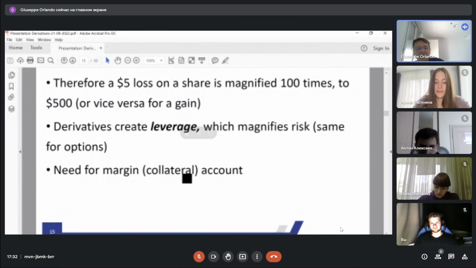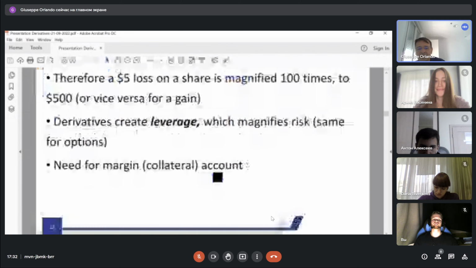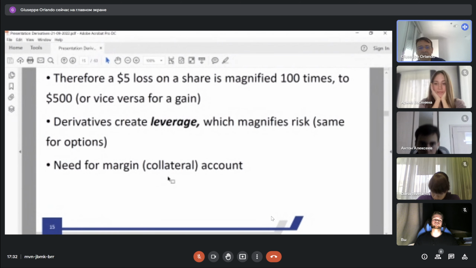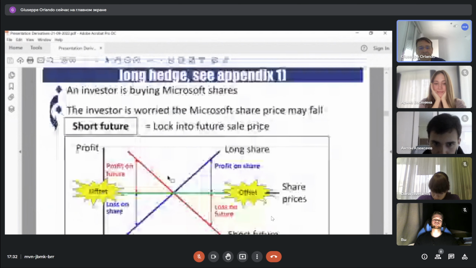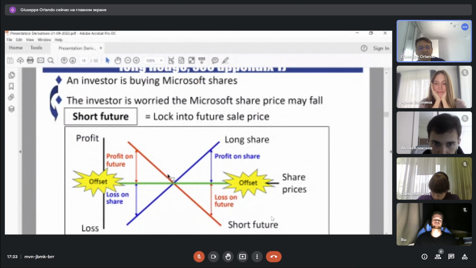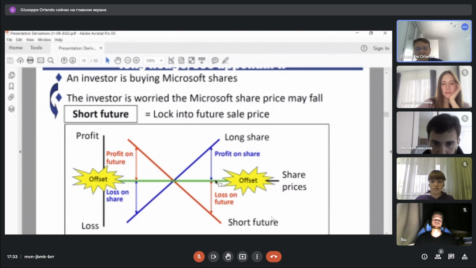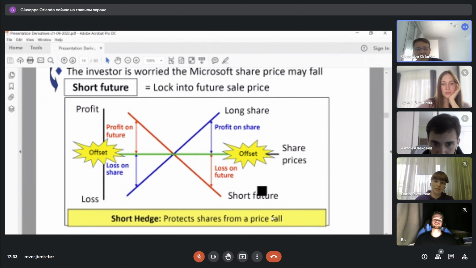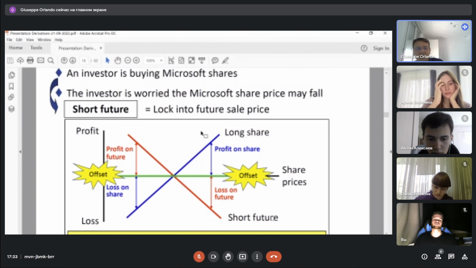Okay, and then we said that we need to have a margin and collateral account. And the margin, in the example that we made before, is $5, for example. And then what happens? Well, we said that we have a security.